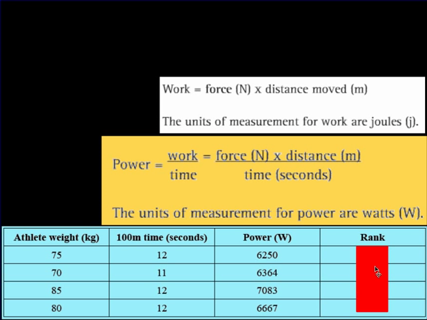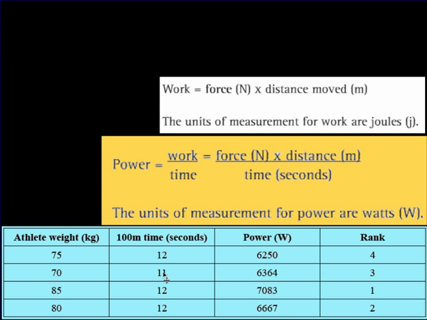So if we were going to rank them, the most powerful athlete over that distance and the times that they've done it based on their weight would be as follows. What's worth noting is that actually the lightest athlete actually was ranked in third place and not last place. He or she did it in 11 seconds.